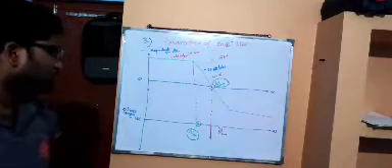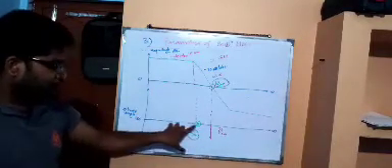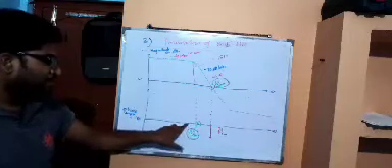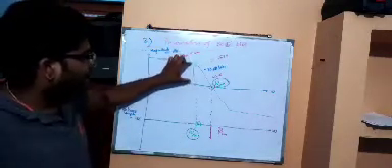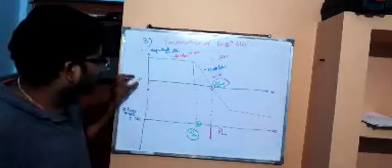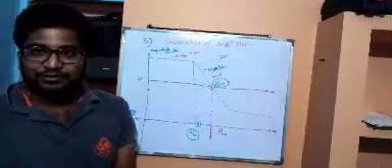Okay, if not clear, then I am repeating this once more. At WPC, the gain having some magnitude with respect to the 0 dB reference line is known as gain margin.